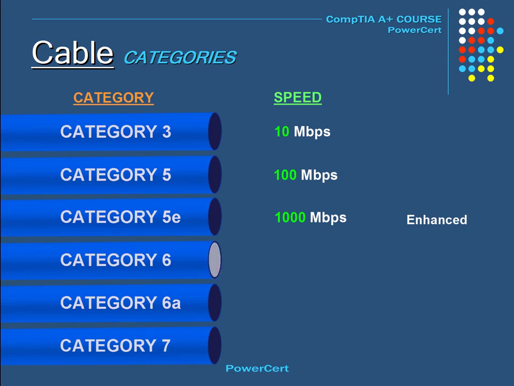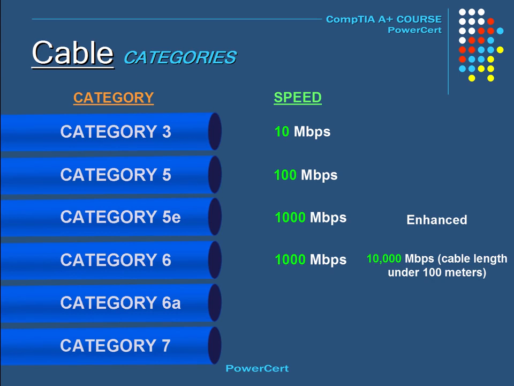Now, Category 6 also has a maximum speed of 1000 megabits per second, but it's more of a heavier duty cable when compared to Category 5E. And it also has a maximum speed of 10,000 megabits per second, but only for a cable length of less than 100 meters.